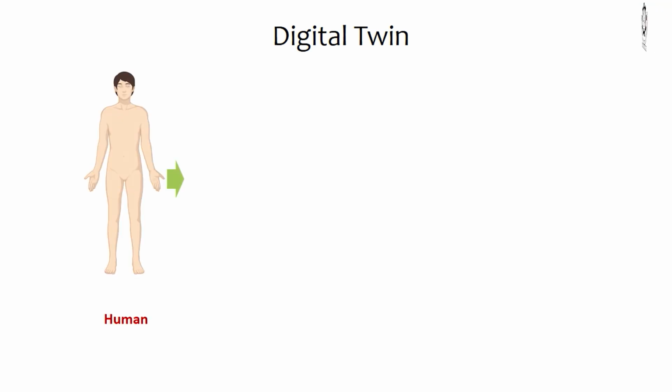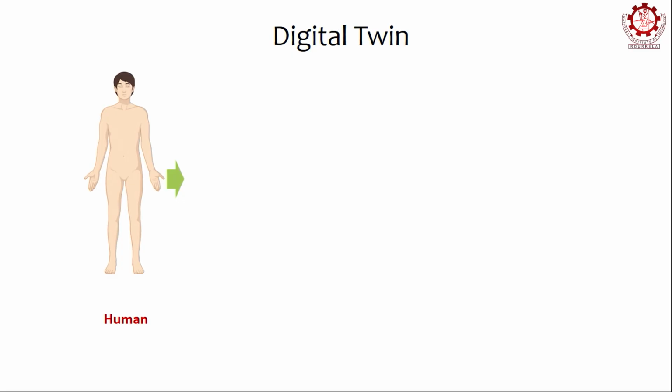There's this new concept that has been catching everyone's attention. It's called digital twin. By digital twin, what we mean is we create a digital version of the patient. When you have a patient, for a particular condition you can give them a drug or some treatment, and the treatment works in a certain way.